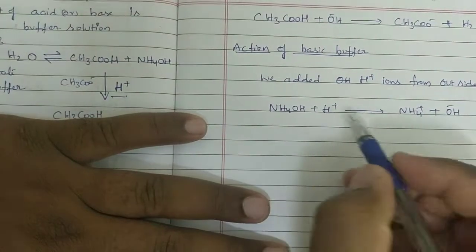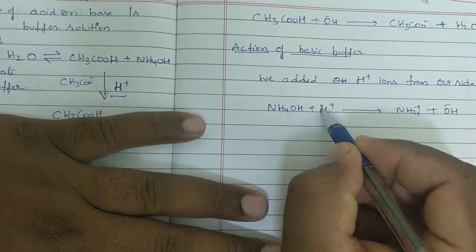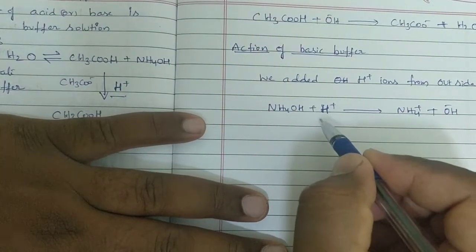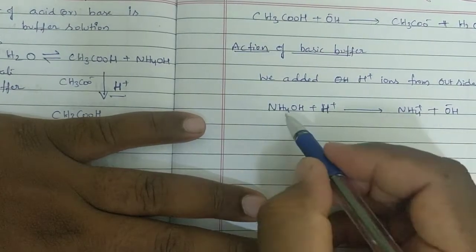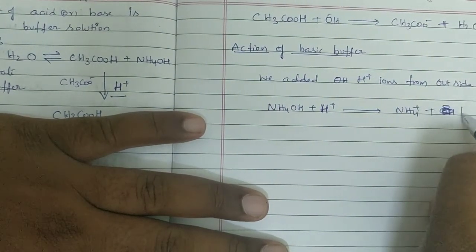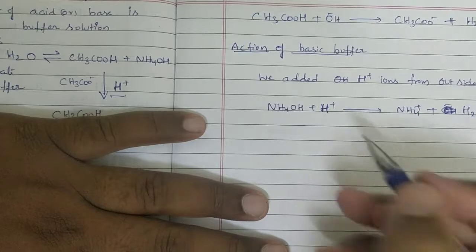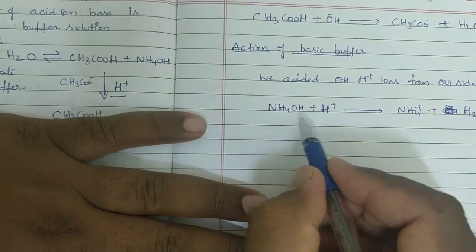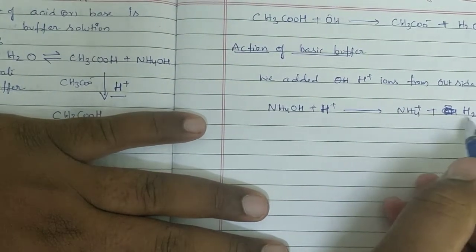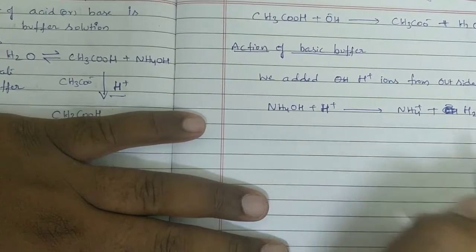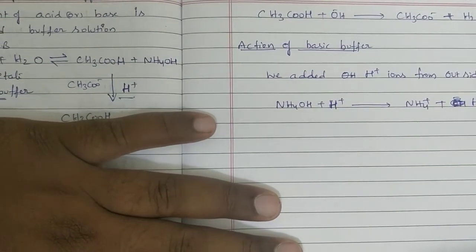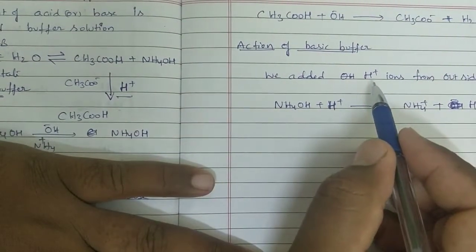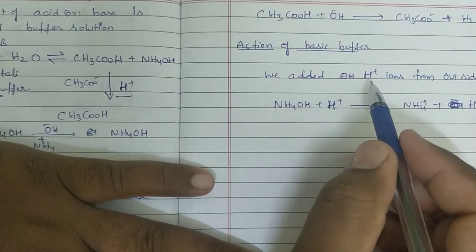Whatever the H plus ions we are adding from outside, they are removed in the form of water and NH4 plus. There is no change in pH, even though you add a small number of H plus ions from outside.